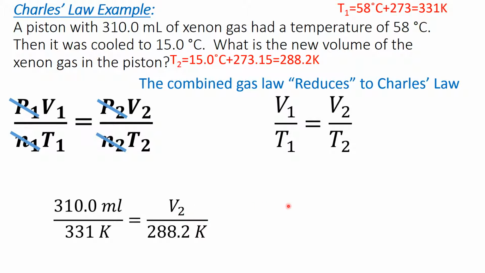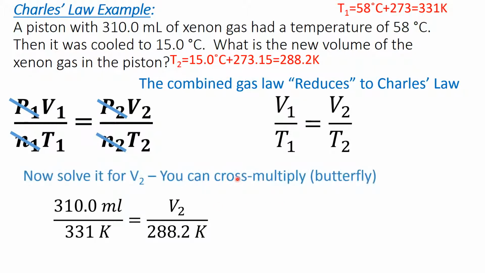Now you can solve this explicitly for V2 and say V2 is equal to V1 T2 over T1, or you can cross multiply. The way we do that is we start with the variables that are diagonal to the variable that we're interested in, V2.